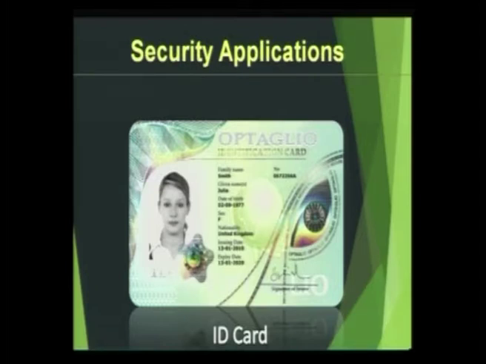The ID card contains a holographic pattern. Opto Galileo, the identification card. The identity card from UK has the signature of the bearer and all, which cannot be duplicated.